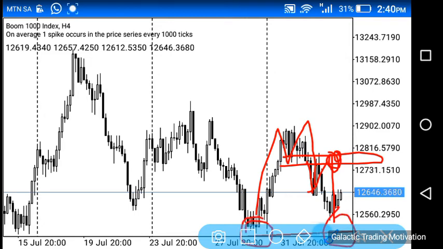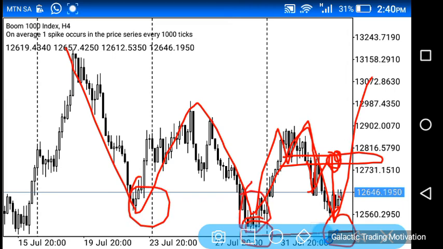So in my humble opinion, it's a bit tricky in as far as buying is concerned at this point in time, because as I said, a lot of people are buying because they are seeing this head and shoulders pattern, right, with this being the right hand shoulder.